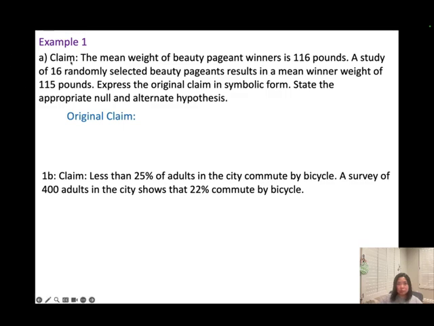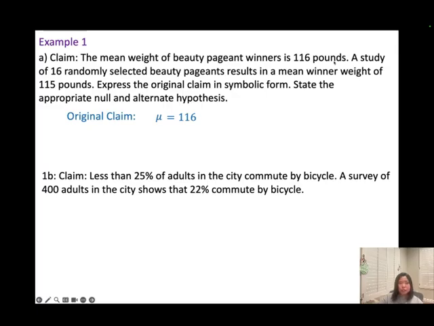With the claim statement one more time, the mean weight of beauty pageant winners is 116 pounds. So we are working on the mean. Then 116 pounds represents equal to 116. So this is going to be the original claim from the claim statement here.